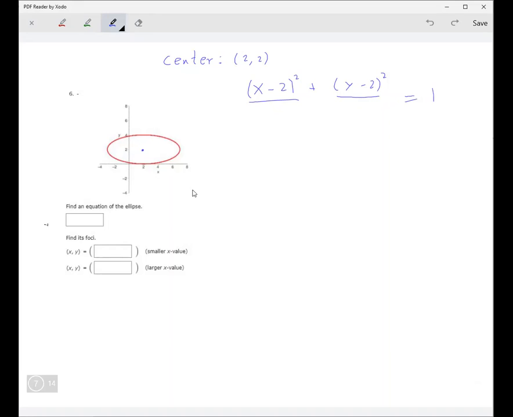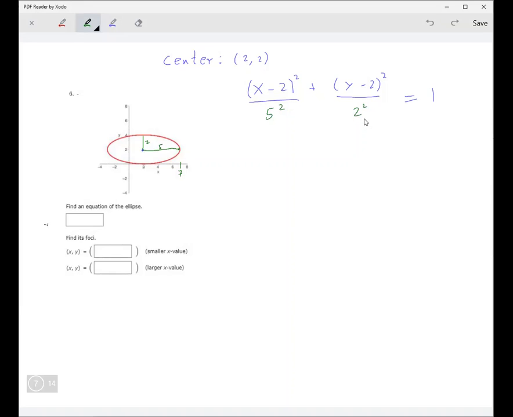It'll be like that. And for the denominator, what you need to do is figure out these distances here, from here to here, and then from there to there. And this looks like it goes from 2 to 4, so that's 2. And this one goes to, this looks like 7 right there. So from 2 to 7 is 5. So this will be 5 squared, and that will be 2 squared.